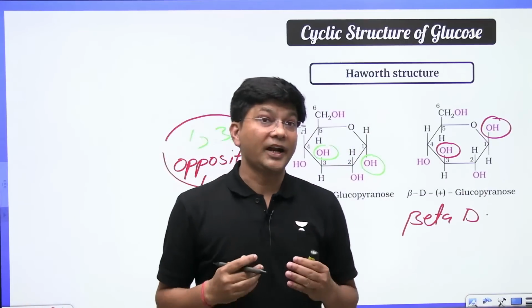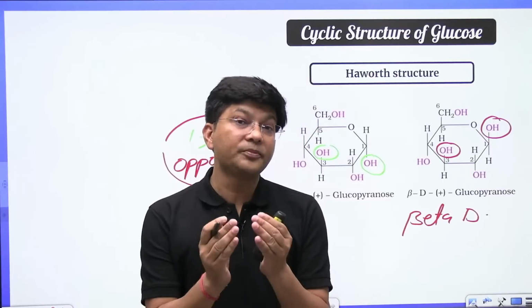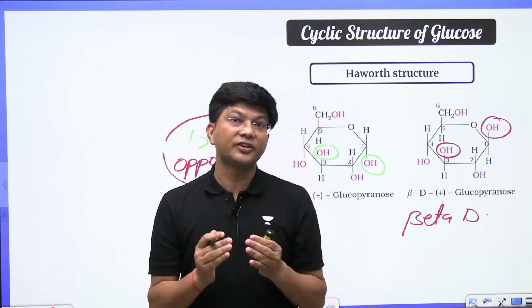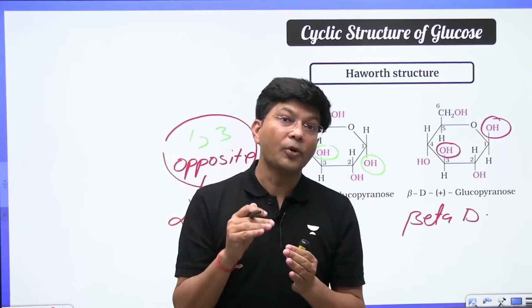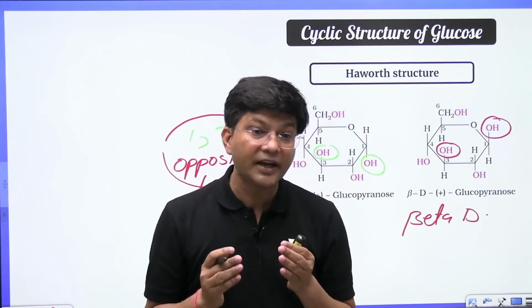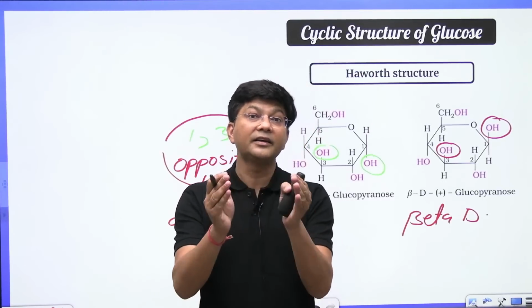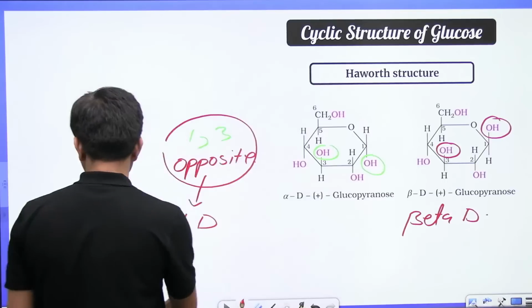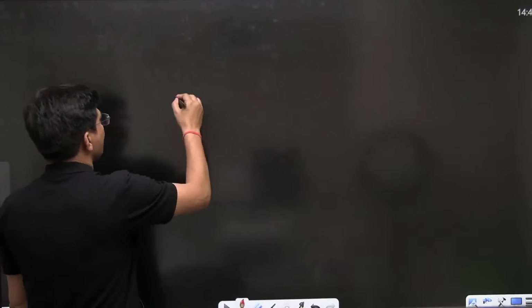Now the main question arises: why has glucose formed a ring of hemiacetal with intramolecular cyclization only? Why is it not going to form a ring intermolecularly? See, this is your glucose.